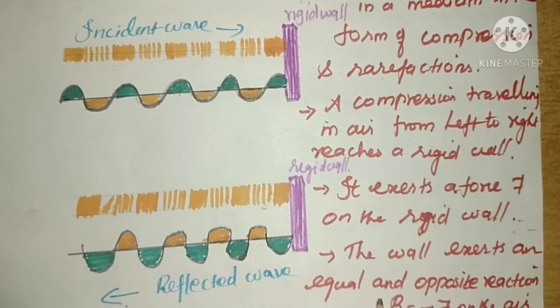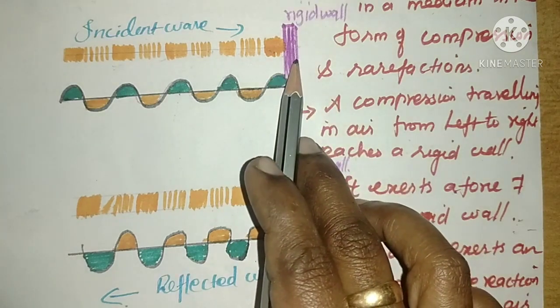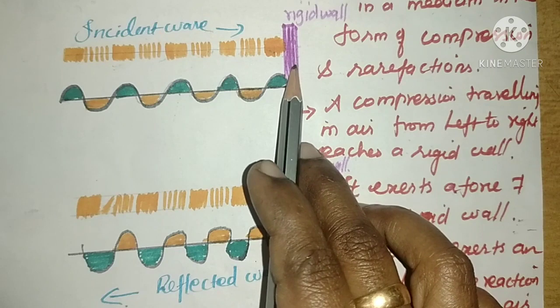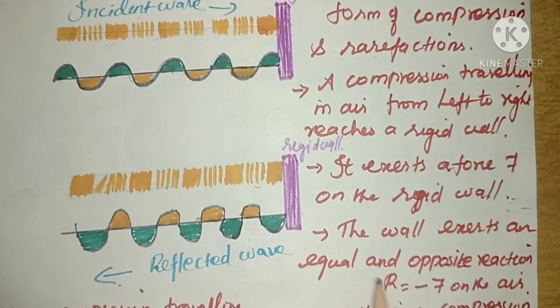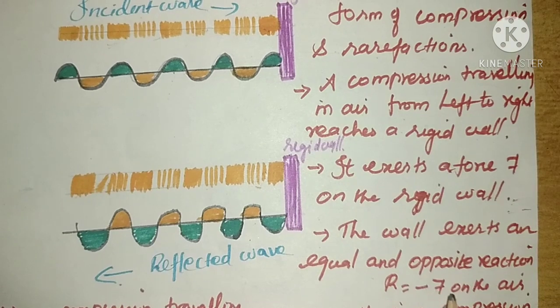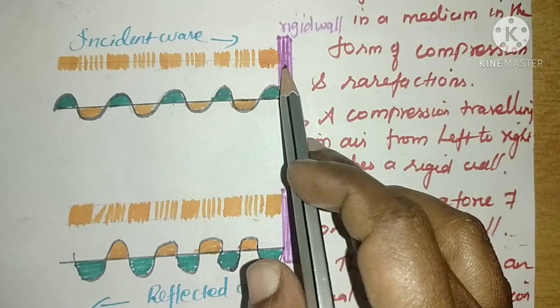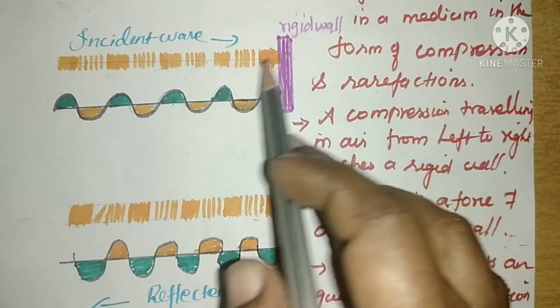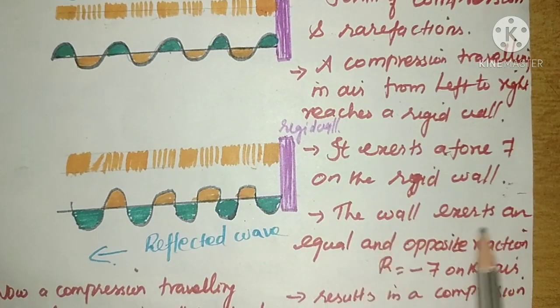If F is the force incident on the rigid wall, the rigid wall also exerts an opposite reaction force, that is R is equal to minus F. So the compression exerts a force on the rigid wall, and the rigid wall exerts an opposite force on the air. The wall exerts an equal and opposite reaction force, that is R is equal to minus F, on the air.